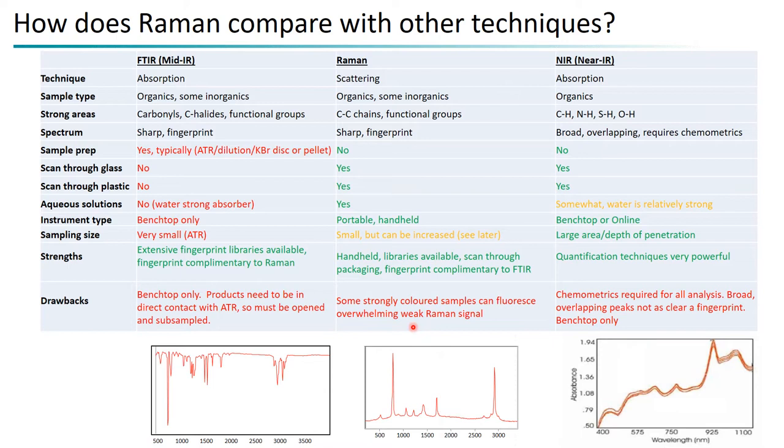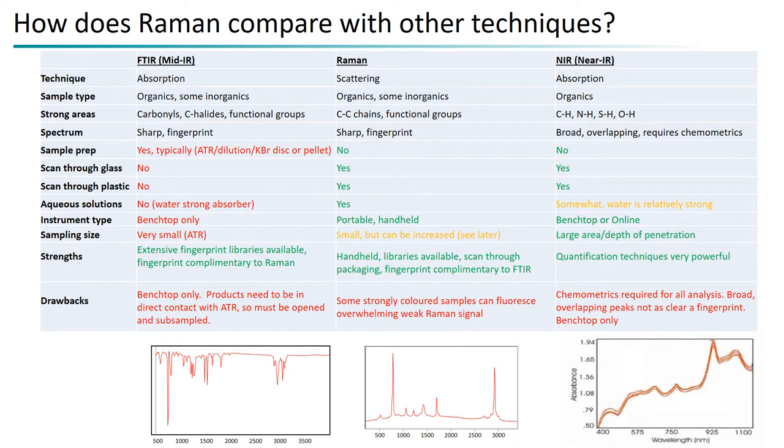This can overwhelm the weak Raman signal, and we typically see it more on extremely highly colored materials, and also on some very natural products. We do have some techniques for removing mild fluorescence, but something like plant leaves could not be identified with Raman using this wavelength, because they absorb the light and fluoresce back.